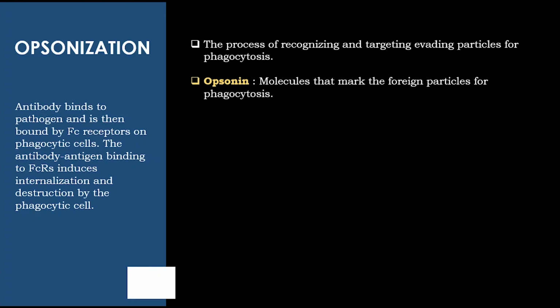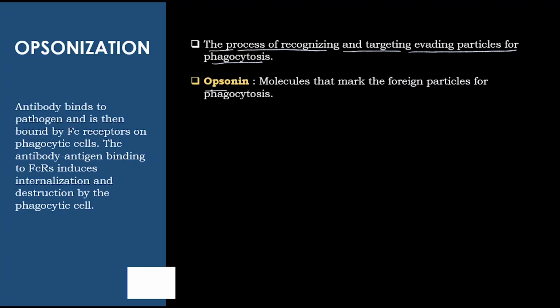Next is opsonization. So the second function of the antibody is opsonization. So we can see what is opsonization: the process of recognizing and targeting evading particles for phagocytosis. That is, the antibodies recognize and target those foreign particles so that they can be processed for phagocytosis.